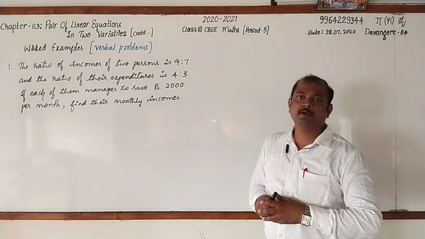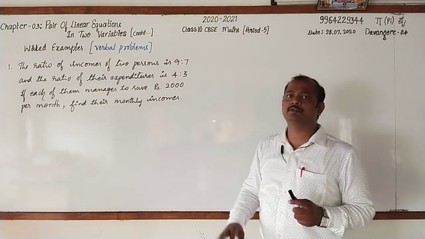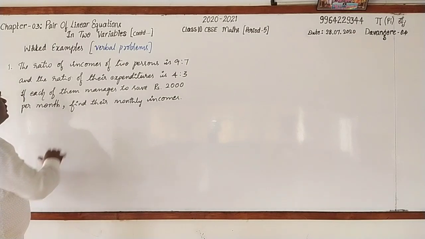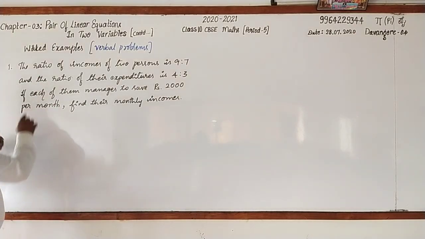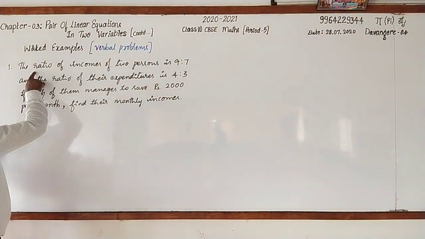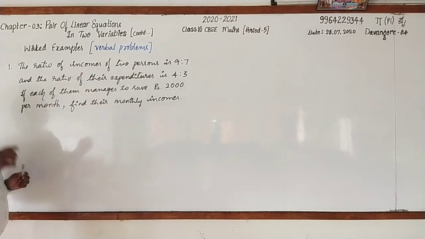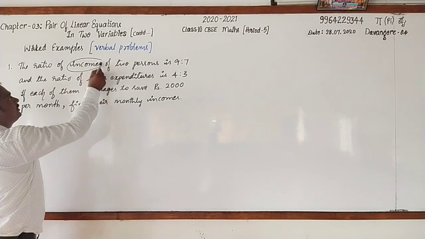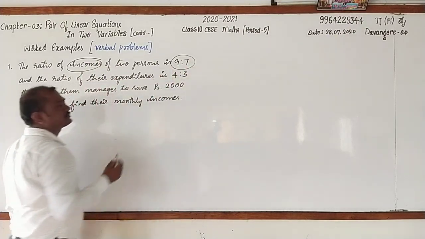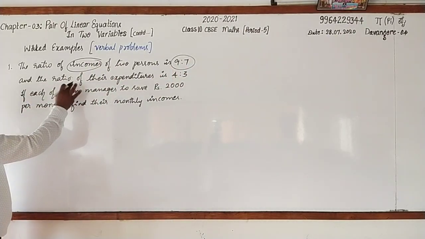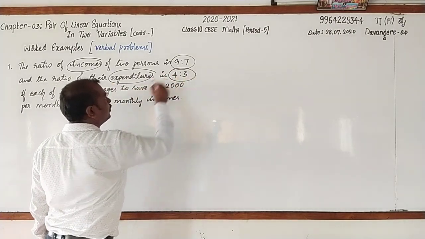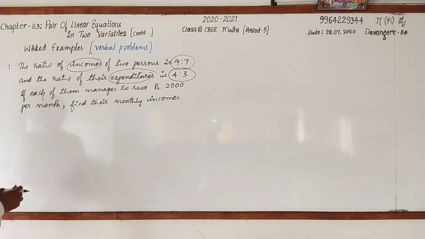Dear students, observe this. This is a very nice statement and it is related to our day-to-day life also. Go through this statement. Here, the ratio of incomes of two persons is given. It is 9:7. And the ratio of their expenditures is 4:3.